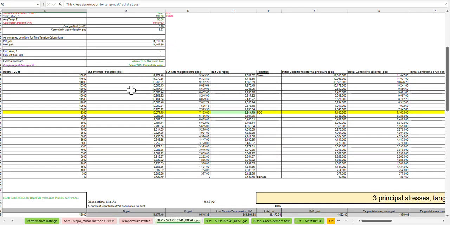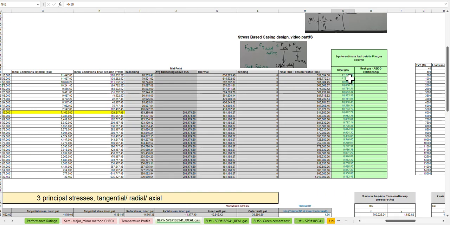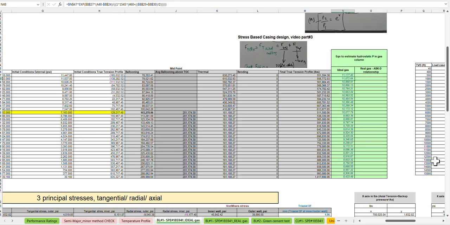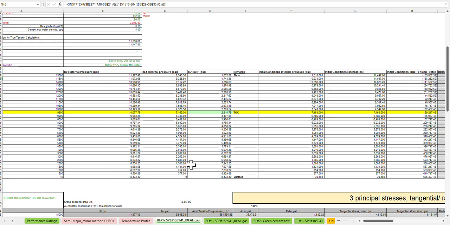The internal pressure in this tab is now calculated as the real gas, and you can see that over here. That one is the compressibility factor for the real gas, which is 1. So the internal pressure is calculated from that formula.